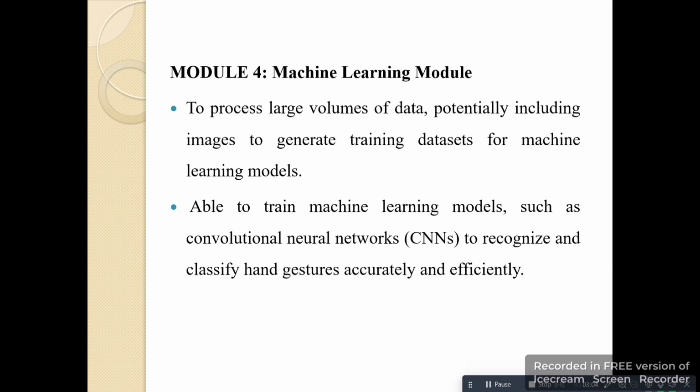Module 4, machine learning module, to process large volumes of data, potentially including images, to generate a trained dataset for the machine learning module, able to train machine learning models such as convolutional neural networks to recognize and classify hand gestures accurately and efficiently.